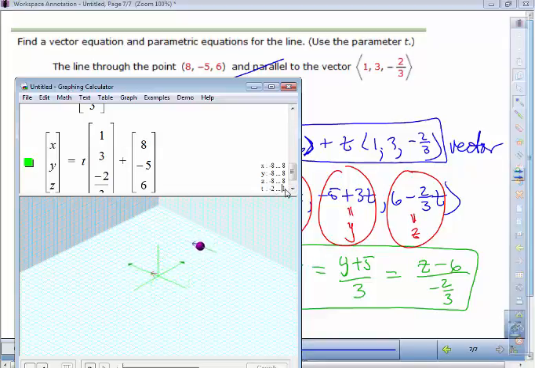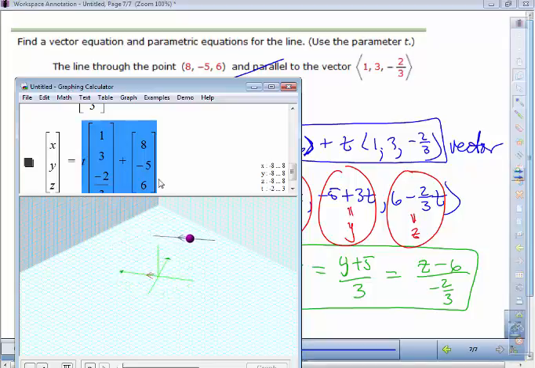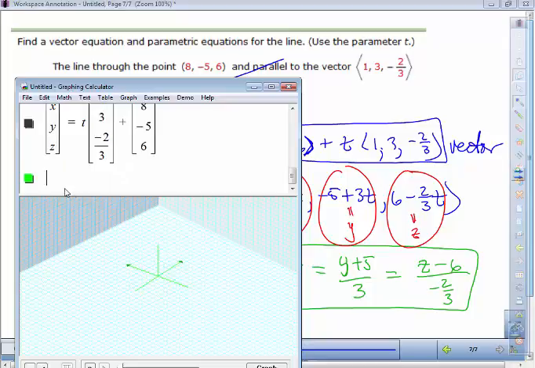What if I make our t go a little bit past 1? So we see that line now passing through that point and going through that origin. And I think what would be cool is to actually see this being drawn out. So let's see if I could do this. I don't know if this was the best example because I have a negative 2/3. That's a really small value.